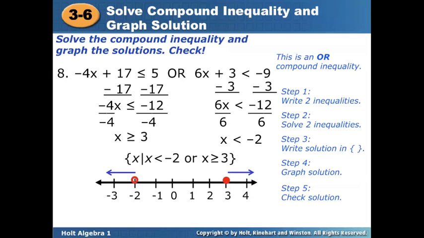It should be an open circle on the -2, shaded towards the less than side, and a closed circle on the 3, shaded towards the greater than side. If, in your work, you had forgotten to flip the direction of your inequality symbol, you should have noticed when you get to your graph or even your set notation that something was not working out correctly. An OR compound inequality will shade to the outside.